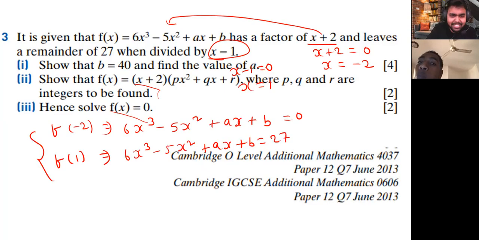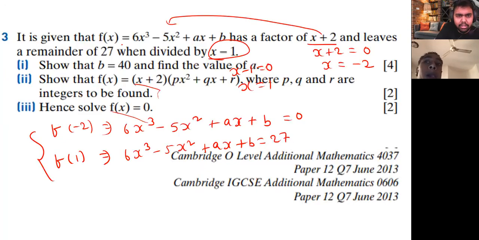So here I'm solving this one. Can you tell me the function? 6x cube minus 5x square plus ax plus b.